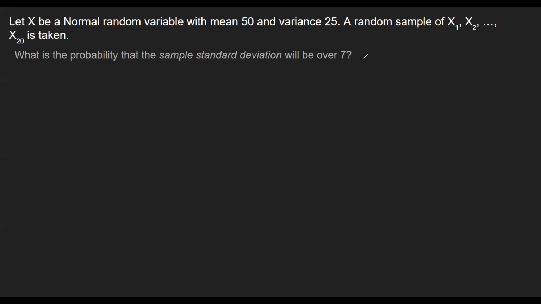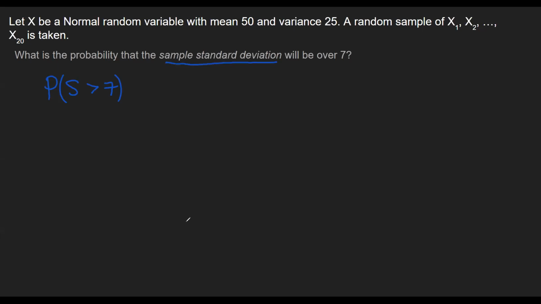So if I write that out, I notice the random variable of interest is sample standard deviation. So I want the probability that sample standard deviation S is over 7. Now, we don't have the convenient property of the sample mean like we did, but we do have another standardization, and that is for a chi-square distribution.